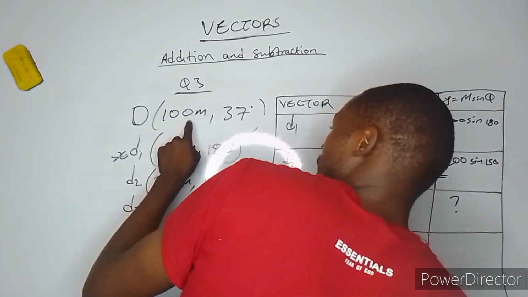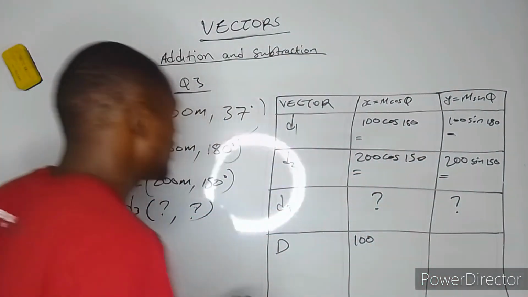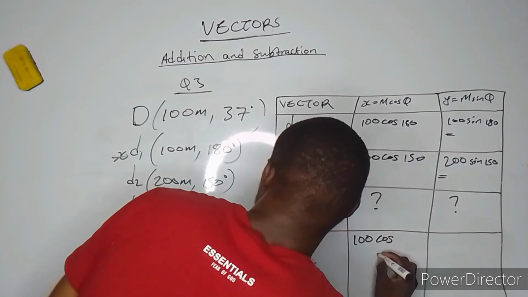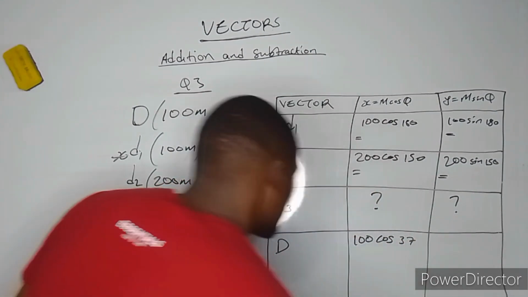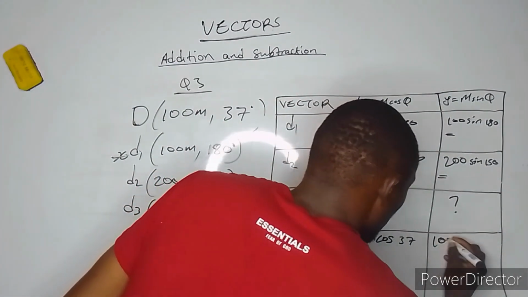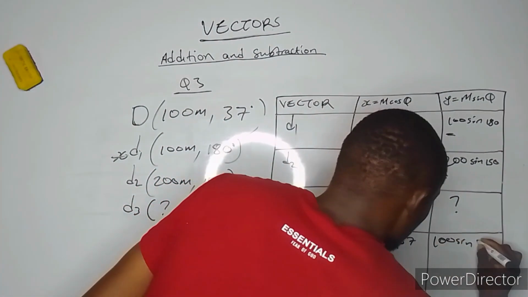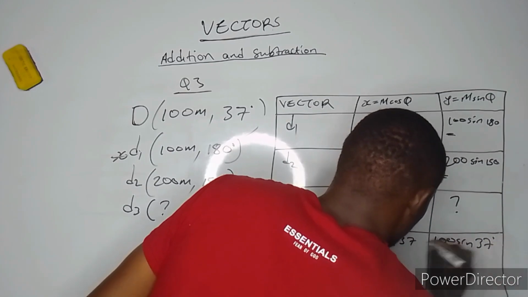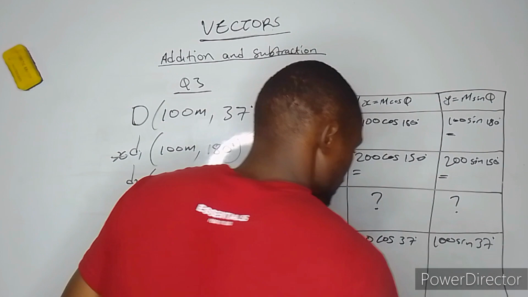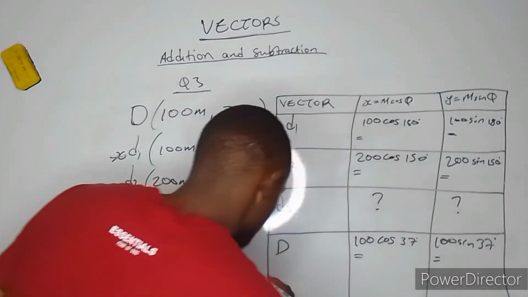Remember, this is our magnitude and this is our direction. So 100 cos our theta, which is 37. We'll put the answer here. Then here it will be 100 sin 37. These are degrees. We'll put in the answers there.